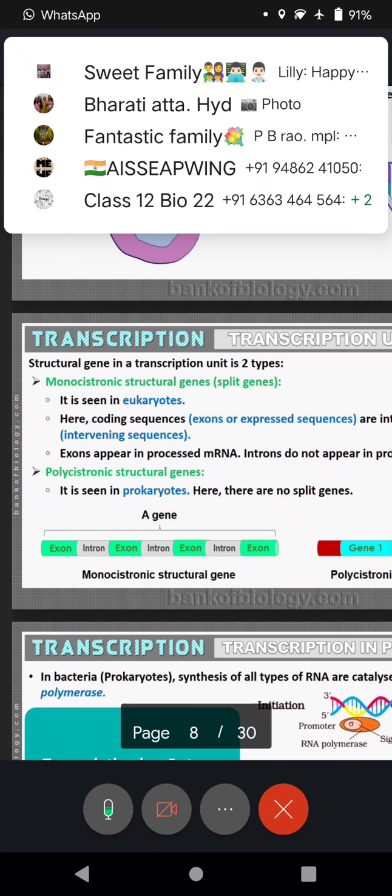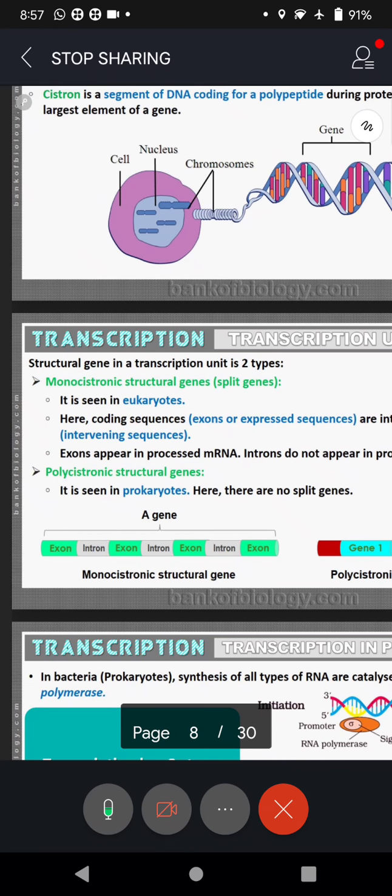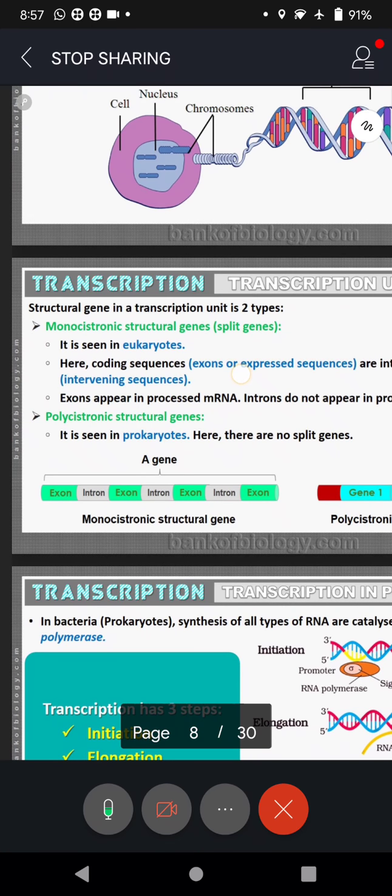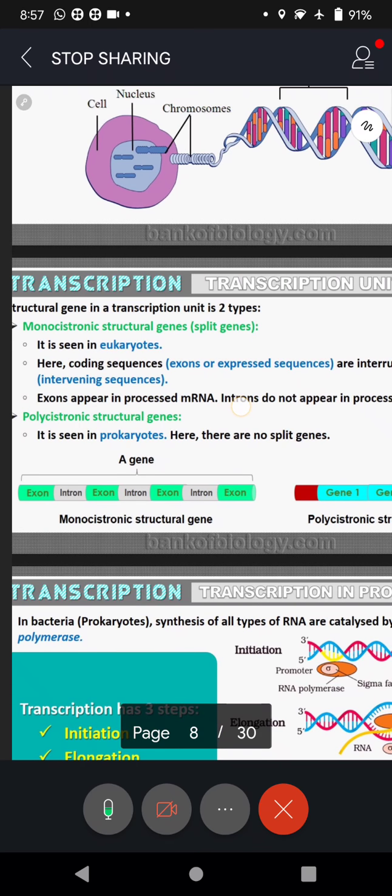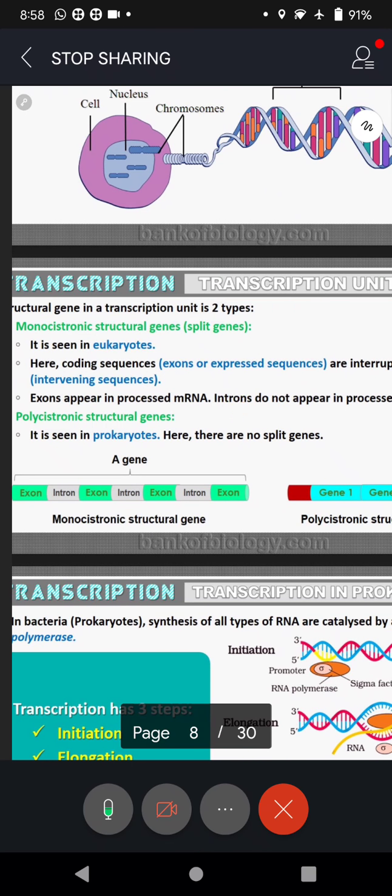But for the formation of that, there has to be certain properties. What are those? So the structural gene in a transcription unit is of two types. Monocistronic structural gene, that is split genes. It is seen in eukaryotes. Here the coding sequences, there should be two types, exons and introns.